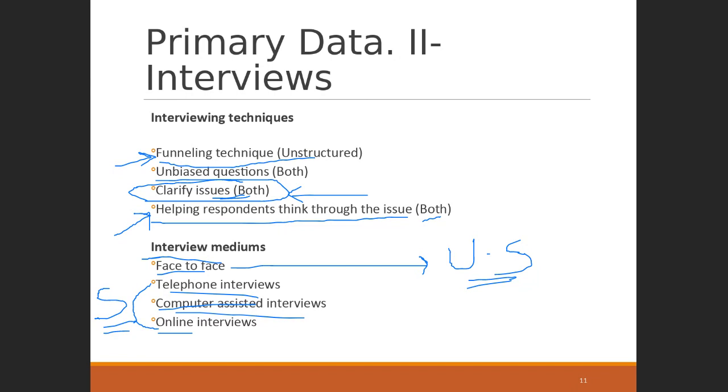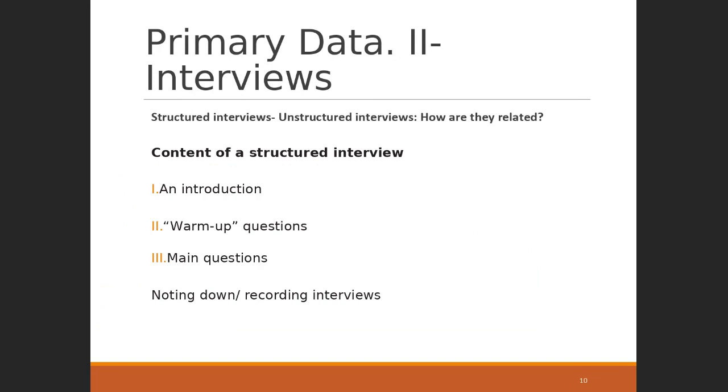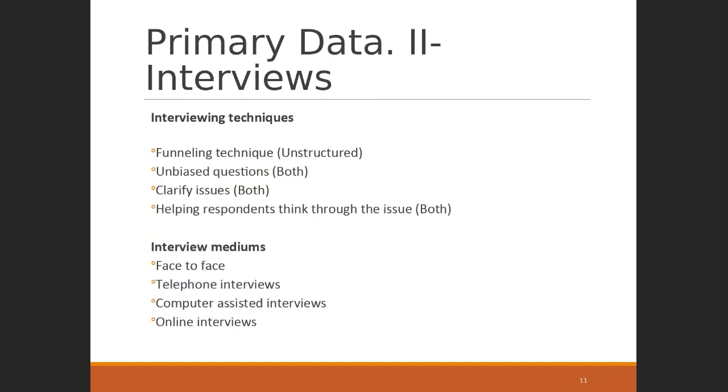Okay, how many interviews do we need? We discussed in our last slide that the number of interviews is a topic which we will discuss during our sampling session. Usually you are not required to conduct lots of interviews.